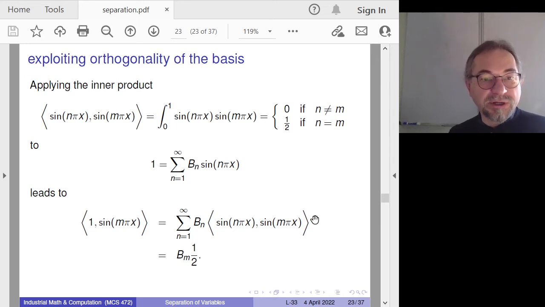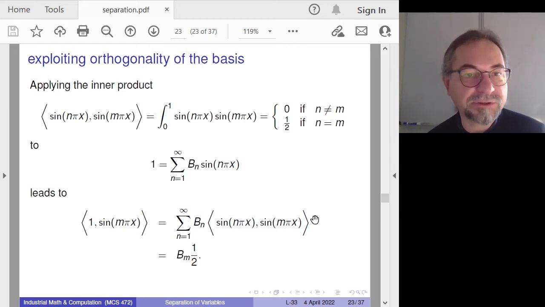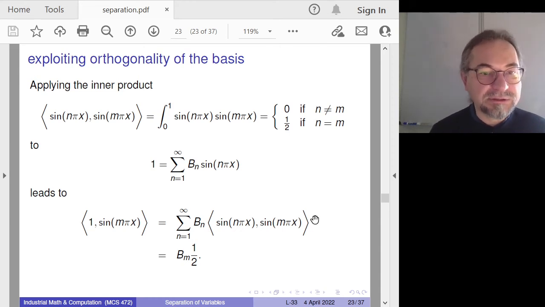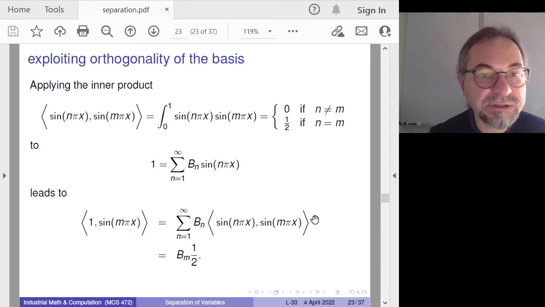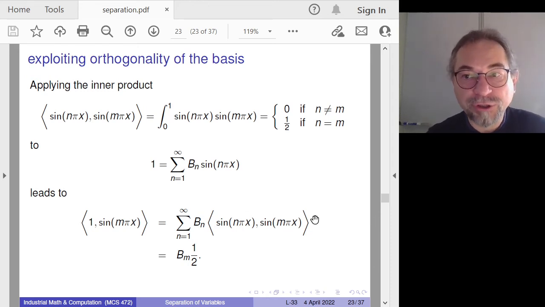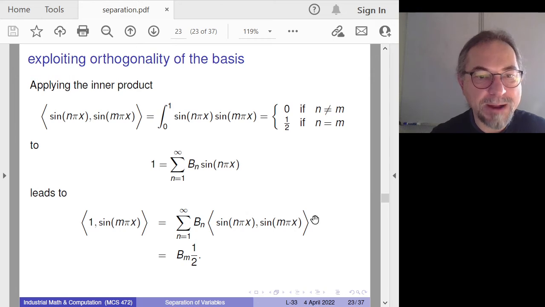So what we are going to do is exploit the orthogonality of the basis of sine functions. So we consider the equality, the condition on the coefficients, these bn's. We take the inner product of the left side with the sine function running at frequency m, and also the right side. So we can pull in the inner product symbol, because the inner product is nothing else than a linear operator. It's the integral operator. And we exploit the orthogonality.